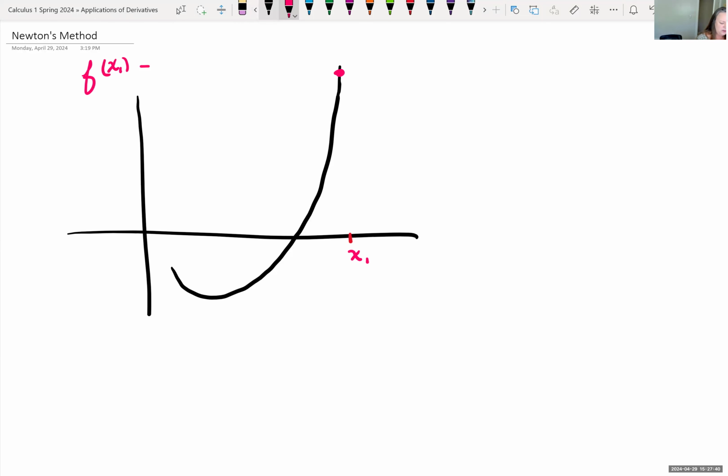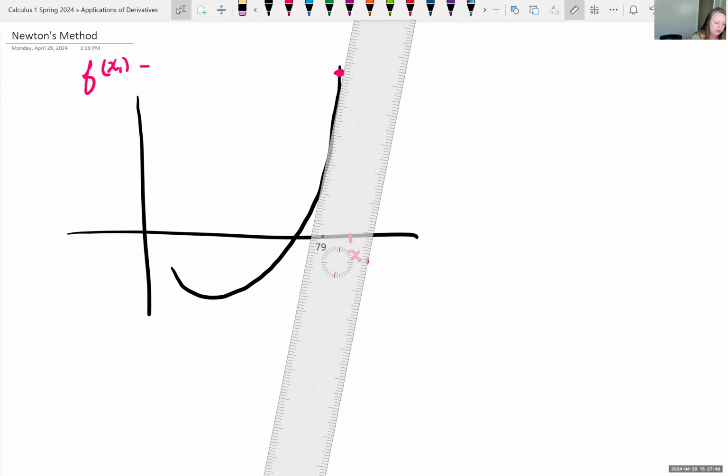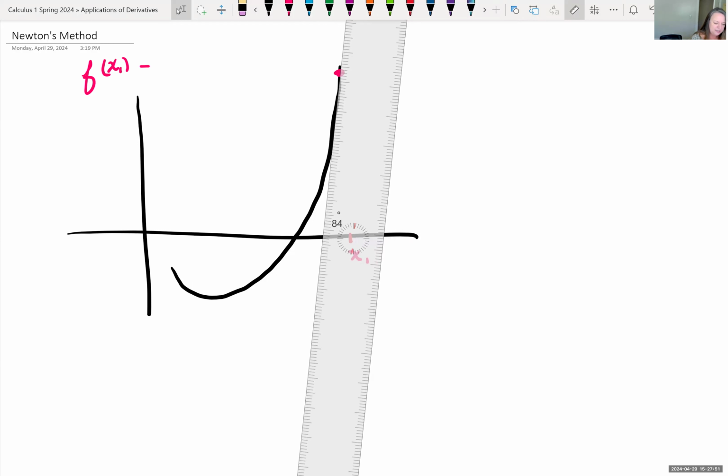And so let's look at the point here. Let's look at the equation of the tangent line. So if I drew my tangent line here at this value, I would get something that looked like the following.